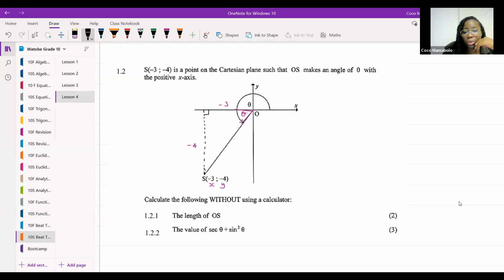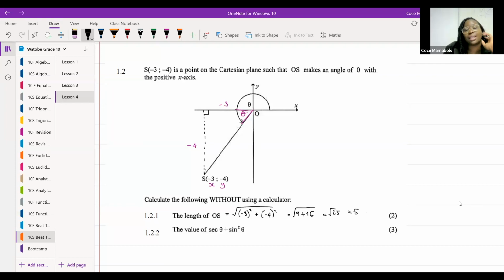So to find OS, OS is equal to the square root of my X value, -3 all squared, plus -4 all squared. That's the same as the square root of 9 plus 16. That's the square root of 25. Therefore, OS is equal to 5.